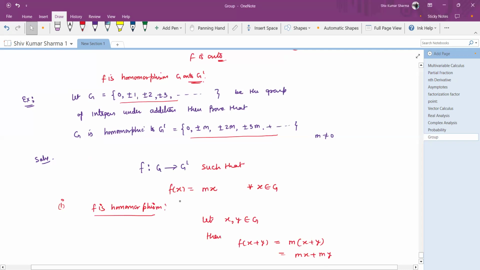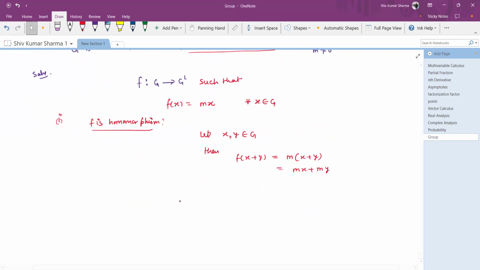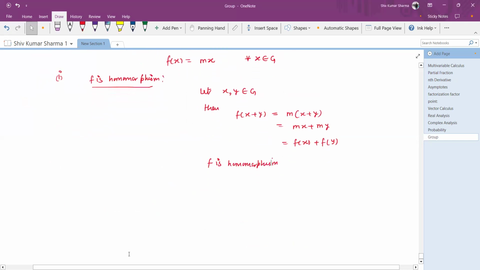The value of mx is f(x), and similarly the value of my is f(y). So f of x plus y equals f of x plus f of y. By definition, we can say that the function is a homomorphism. Now we will prove that f is onto.